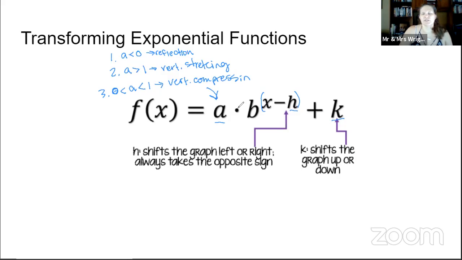And these other ones are considered outside changes because they happen at the last part after x has been doing its work, right? So h, if you notice, is a subtract h, whereas the k is a plus k.